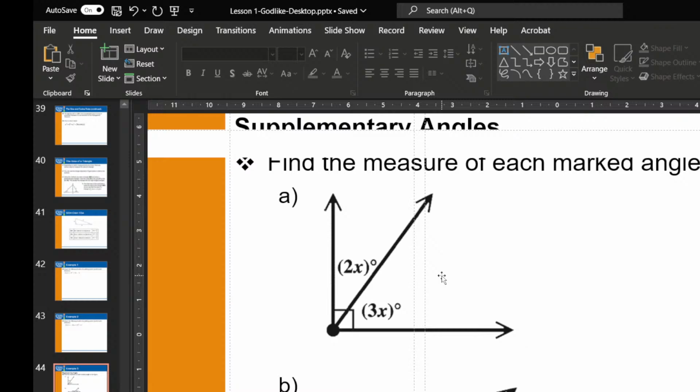So if I take 2 pieces out of 5, what's 1 out of 5 in terms of percent? 20%. 2 pieces is 40%. 40% of 90, right? 60% of 90. 6 times 9 is 54, which is an easy way to figure that out. 54 degrees for a 3x, right?